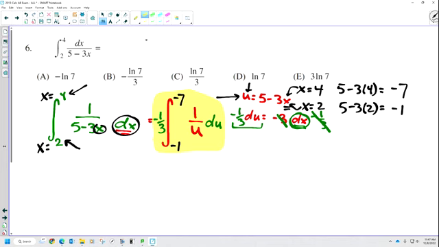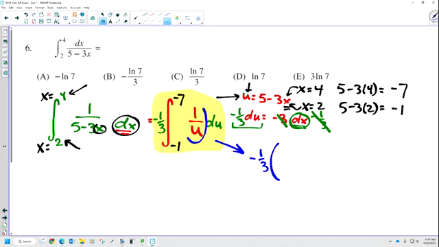Okay, so that's why I don't like this, because there are times where you need to flip it to get the right answer. You know, I guess they're just trying to get you to realize when you can flip it, when you don't, but I don't know. I think it's lame. Anyways, we have our negative 1/3 on the outside.